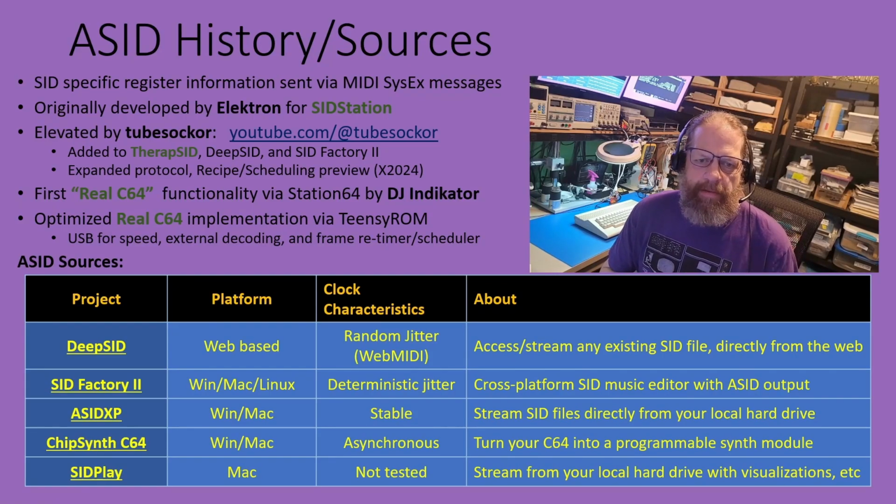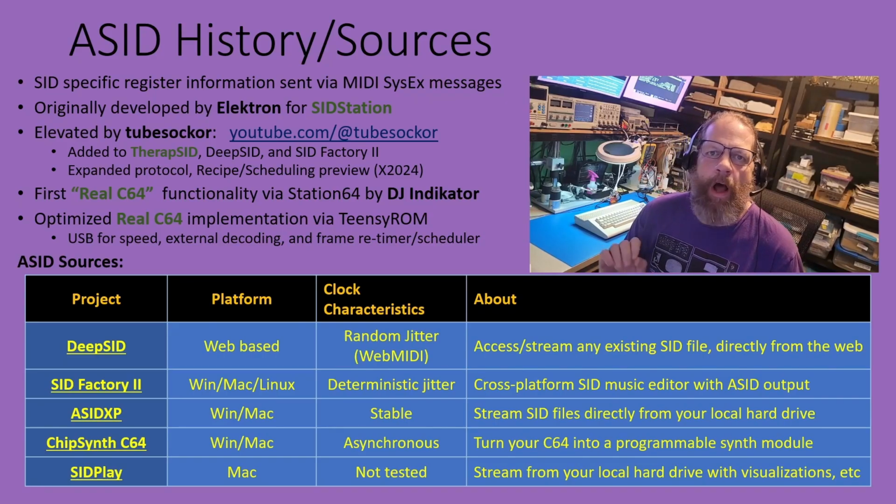So I want to talk about some of the ASID sources out there and their clock characteristics as far as what the clock looks like coming out of them. So first of all is the DeepSID application, which is a web-based app that's probably the most popular. It has access to over 50,000 SIDs, pretty much every one in existence, and applies them via the Web MIDI interface. Unfortunately, that Web MIDI interface seems to have quite a bit of random jitter associated with it.